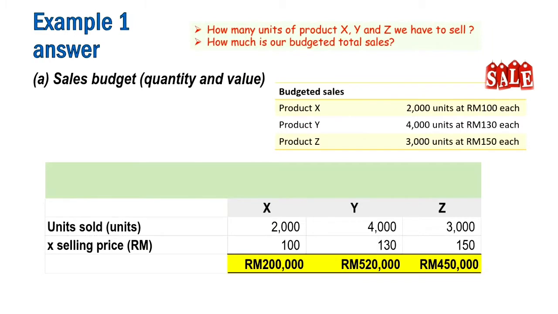So we just put them inside the table. And we have to multiply by each price, 100, 130, and 150. So the total sales budget for product X is 200,000 ringgit. For product Y it is 520,000 ringgit, and for product Z it is 450,000 ringgit.